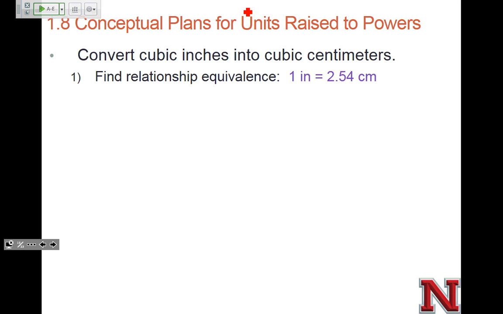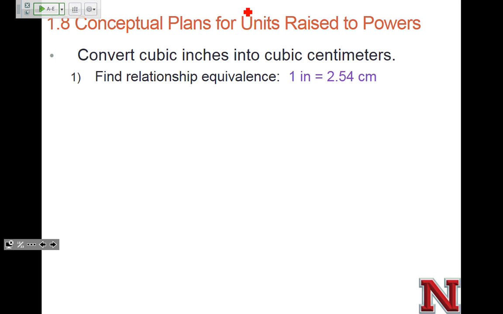Now we know 1 raised to the power of 3 is still going to be 1, but don't make the mistake. 2.54 raised to the power of 3 is not 2.54. So we have to cube that entire relationship, so that way we can cancel out cubic inches. We cannot cancel out cubic inches by inches.